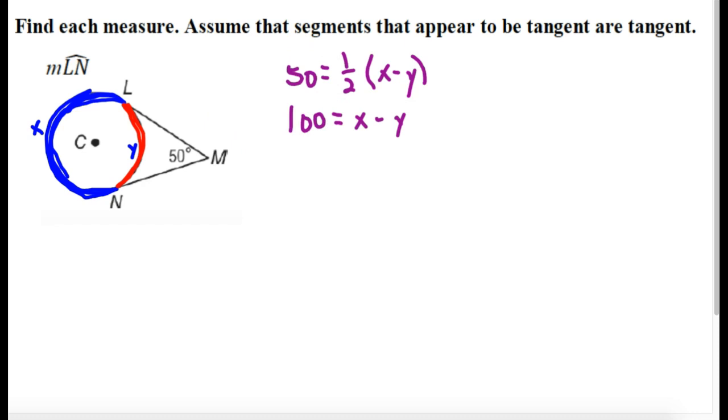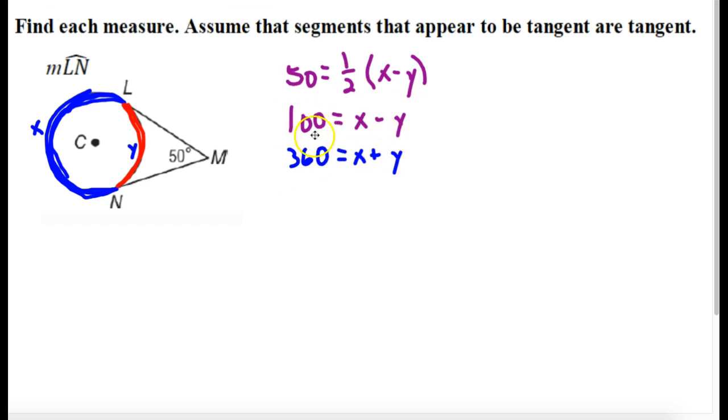Something else that I know is that since both of these are tangent, that means that these two arcs would make the full circle. These two would add to be 360. So I could also say 360 is equal to x plus y. And I have a simple system of equations that I can solve.